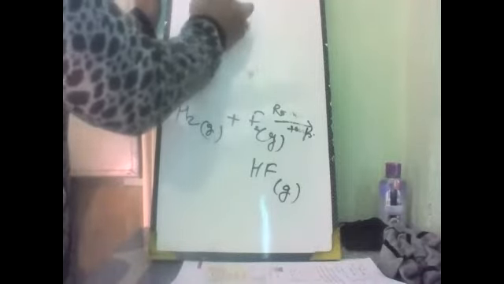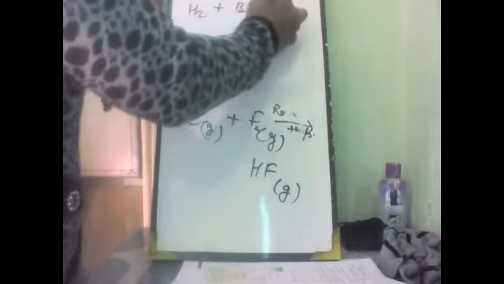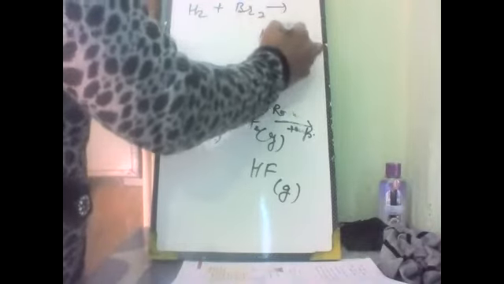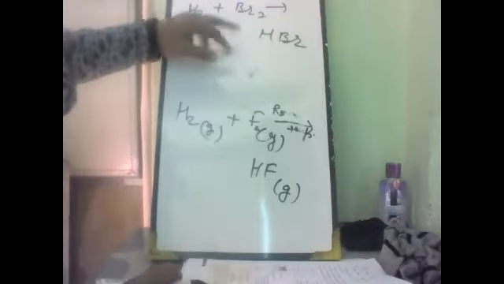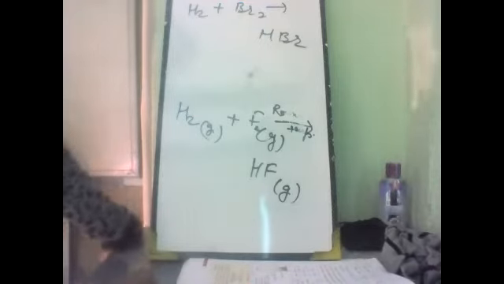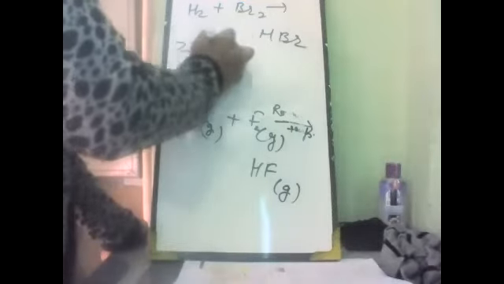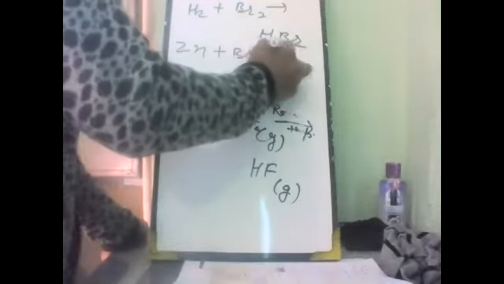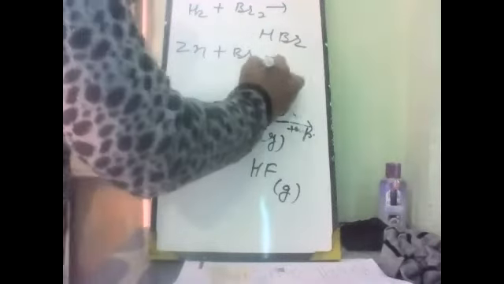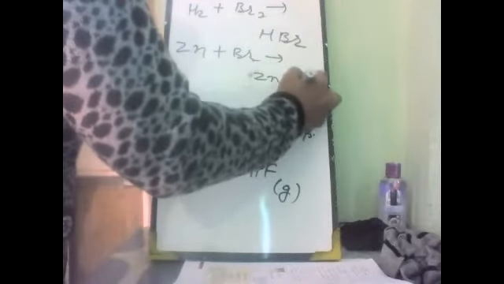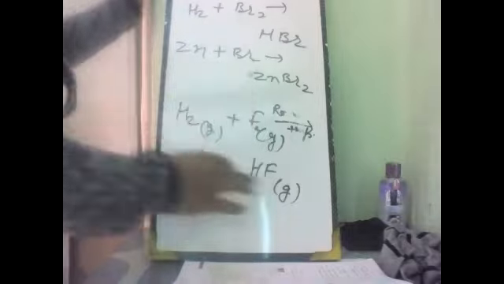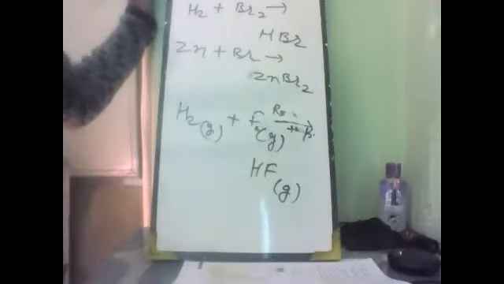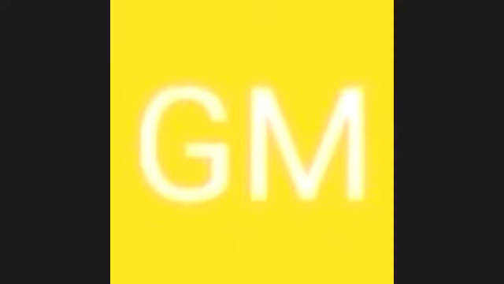Hydrogen reacts with bromine and forms HBr, hydrogen bromide. Then zinc reacts with bromine and forms ZnBr2. Is it clear to you? Yes, ma'am. Okay.